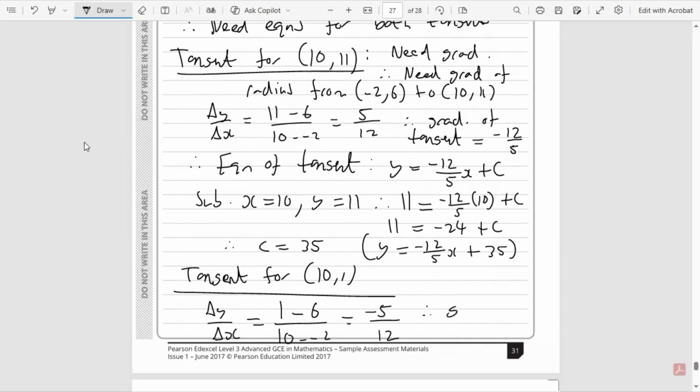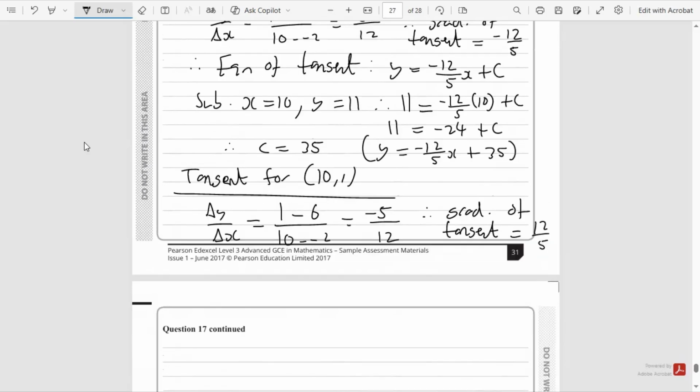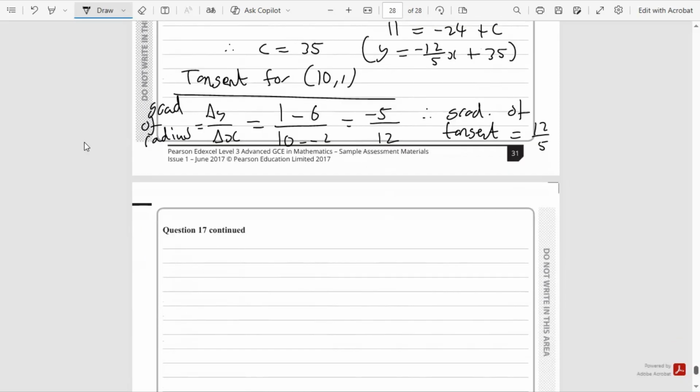Therefore the gradient of the tangent will be the negative reciprocal, which is 12 over 5 for this one. Let me make it clear in my working that this is the gradient of the radius, in case it's not clear to the examiner.